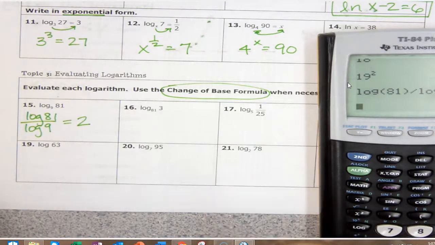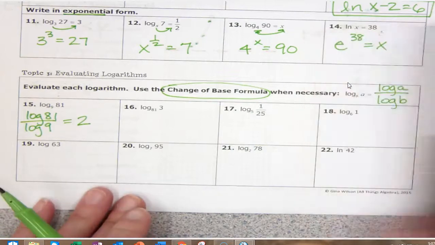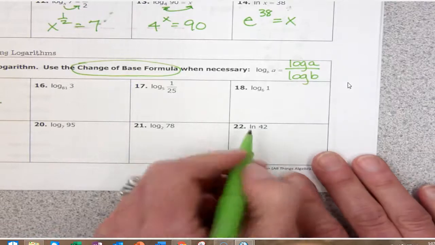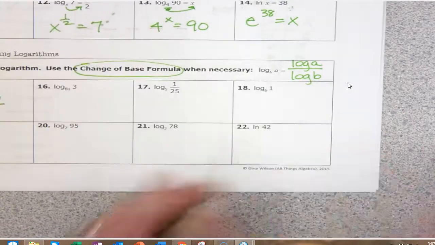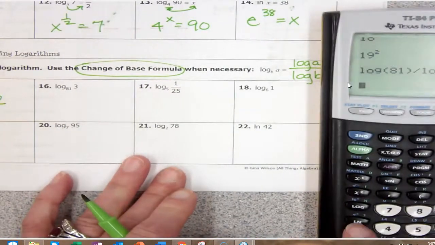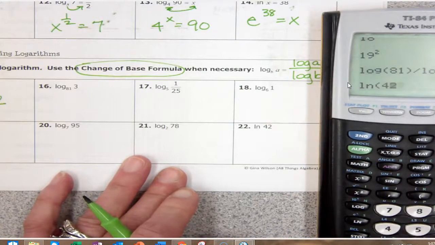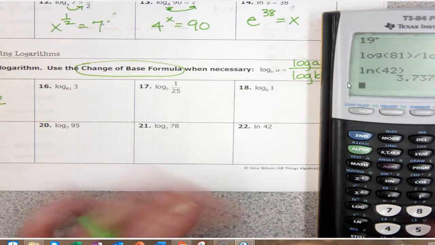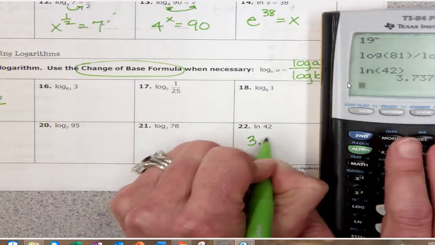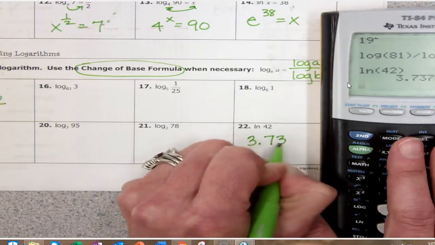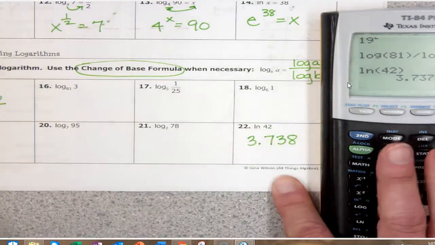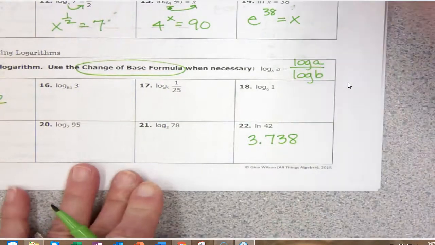I'm not going to go through these. These are all going to be the same. Here is just going to be your ln button of 42, and go to 3 digits. Alright, moving on.